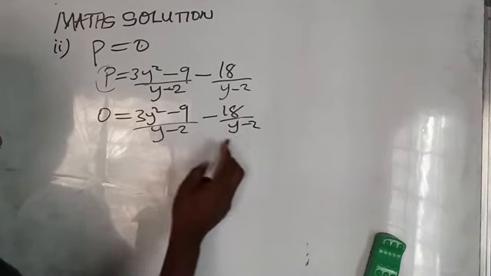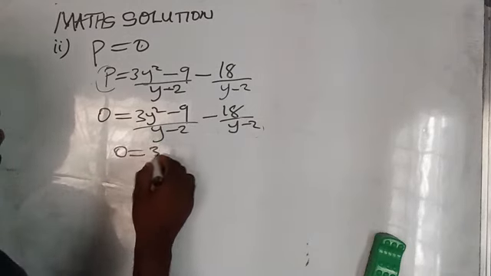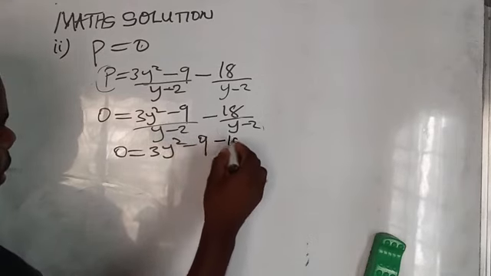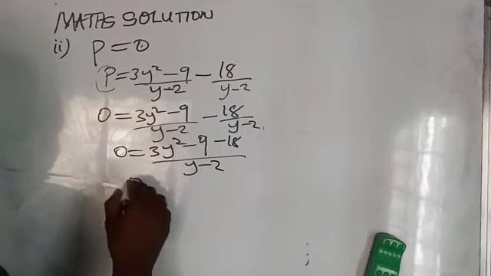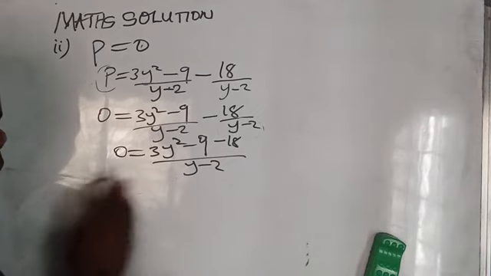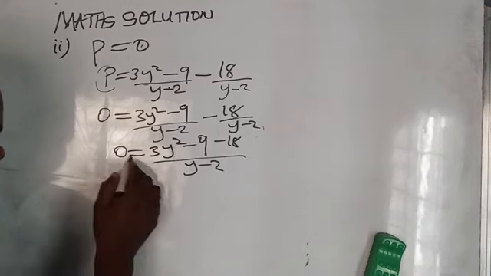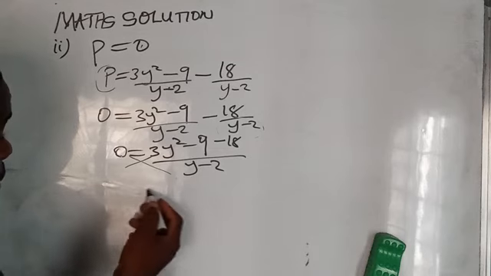Okay, so from here, the same way we did the other one. Since they have common denominators, you have that 0 is equal to 3y squared minus 9 minus 18 all over y minus 2. So that 0, now you cross multiply. y minus 2 times this 0 will still be 0.